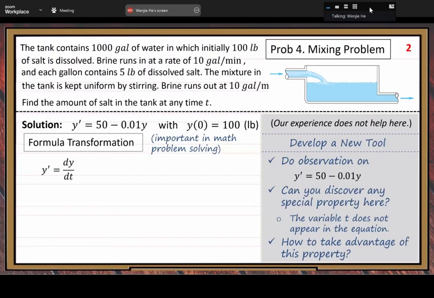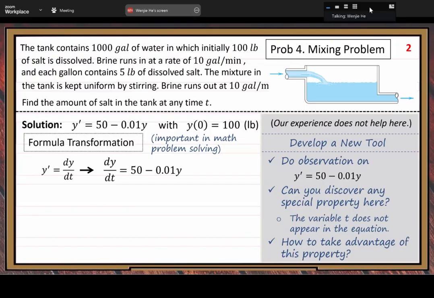Because t is useful, we cannot ignore t, so we want to bring it out. We should use the new expression dy over dt here. With this new equation, we have more room for manipulation than our old way.